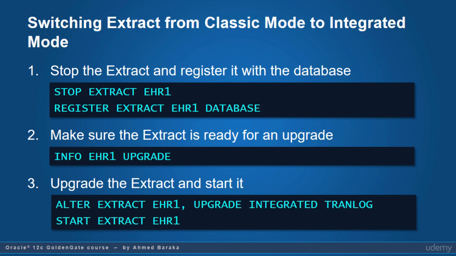If the extract is ready for the upgrade, the output of the info command will show this to you. If the info command returns an error, you need to fix that error before you proceed. After that, you upgrade the extract using the command ALTER EXTRACT with the UPGRADE INTEGRATED TRANLOG option. Finally, you start the upgraded extract process. You will implement this procedure in the next practice lecture.